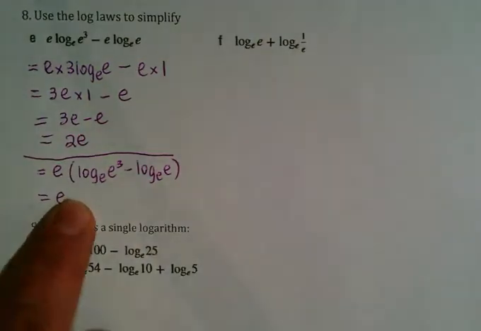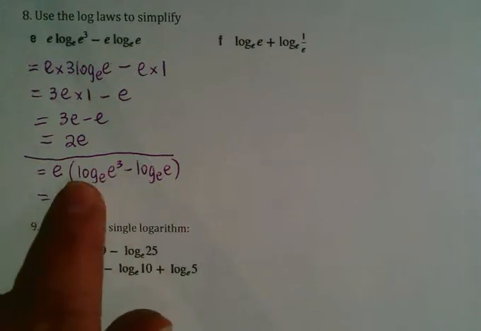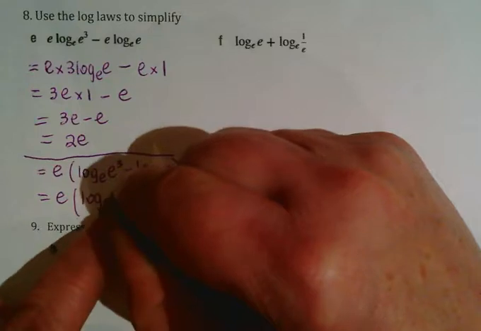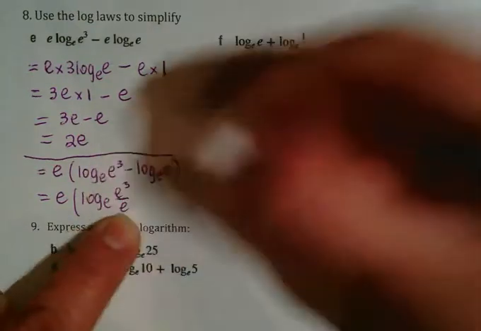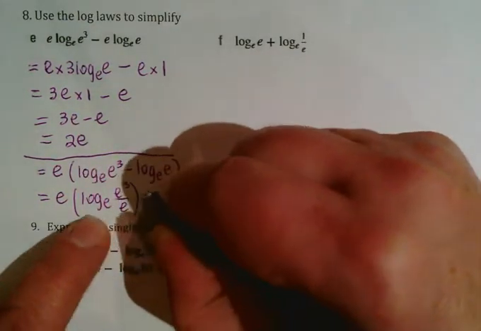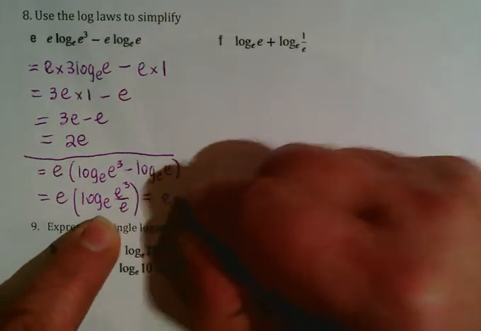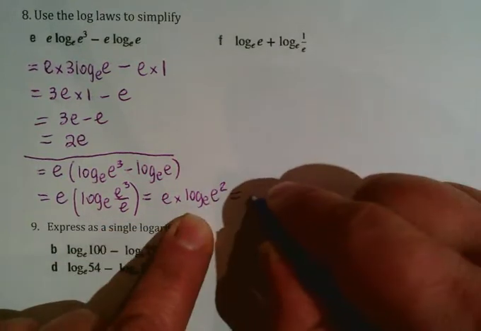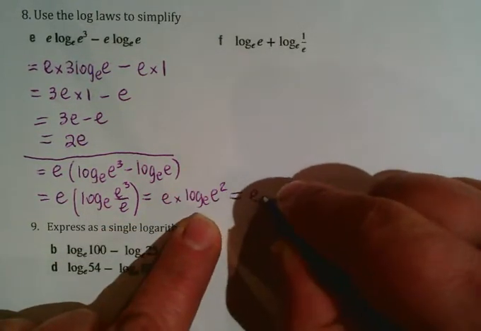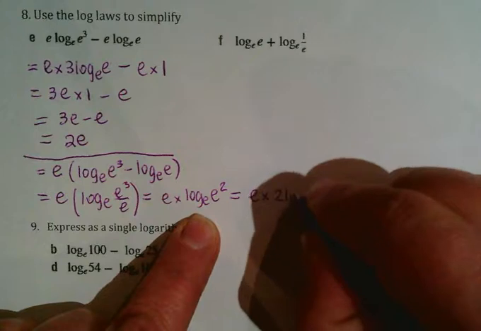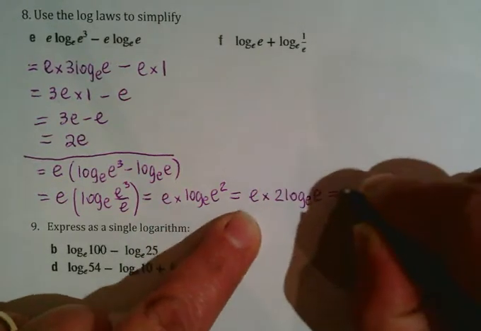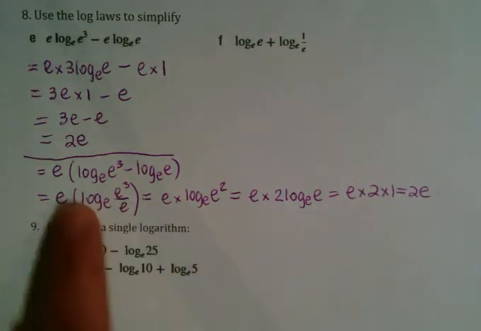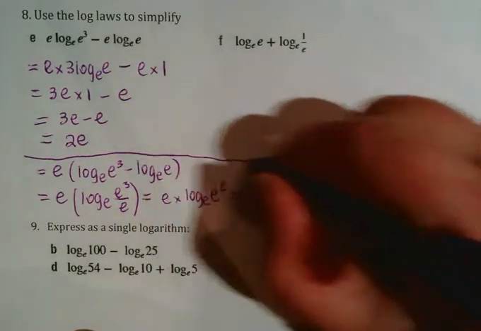Well, we could also use the index law where subtracting is the same as doing division, which is log to the base e of e cubed on e. Now that is e times log to the base e of e squared, which is, now the 2 can come to the front, e times 2 log to the base e of e, which is e times 2 times 1, which is 2e. So I've just shown you another way of using log laws there.